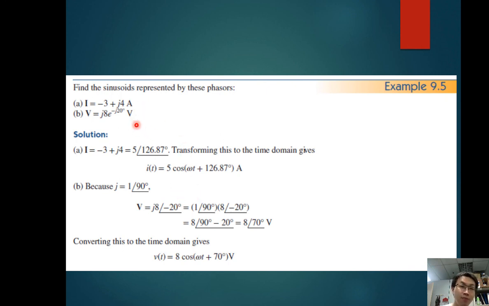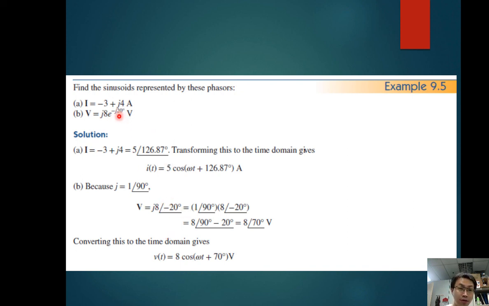Then another one, V equals j8 e to the power of j, same as well. I know that my j is 1 at 90 degrees. I need to eliminate the negative first, or not eliminate, I just bring it forward. For example, I copy my j8, and then I know that the exponential is an angle.